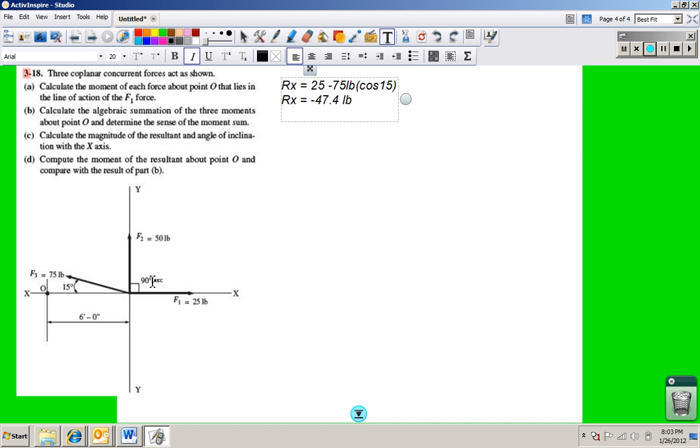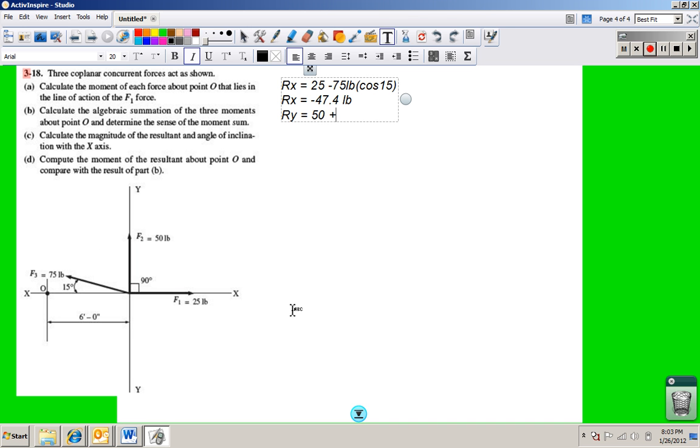Ry is going to be equal to, well, there's no y component of F1, so we can ignore it. F2 is a straight 50 pounds in the y direction. Okay, and then F3 is also in a positive y direction. It's going up.